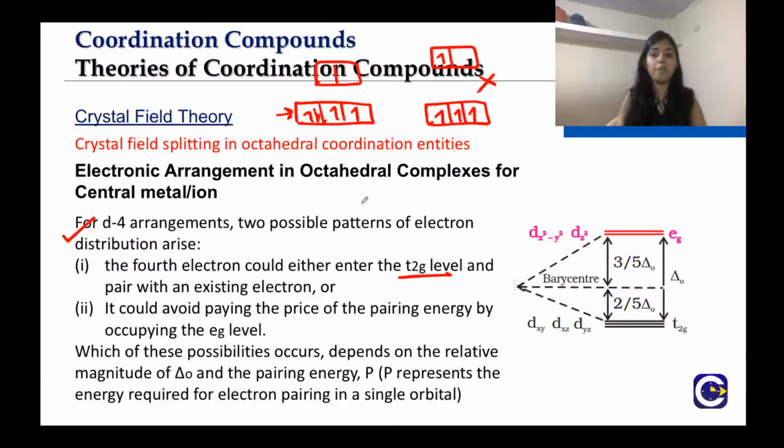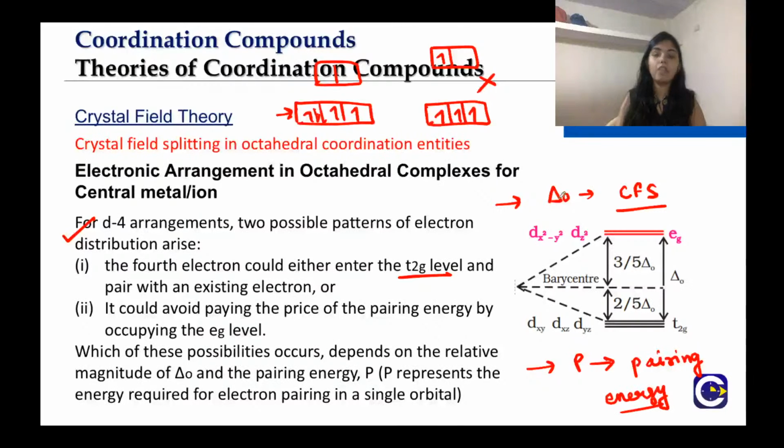So you can remember this, that delta O is the crystal field splitting, and P can be represented as pairing energy. That means the energy which is required to pair up an electron is known as the pairing energy. Right. Now these two factors will decide that whether your electron will go into T2G, the fourth electron, or the fourth electron will go into Eg orbital.